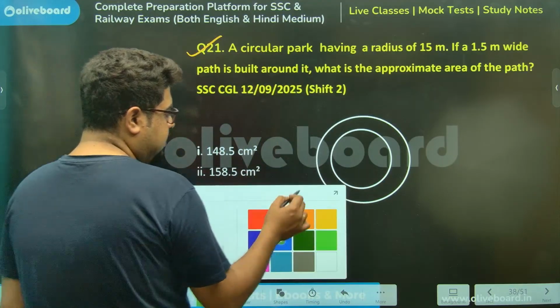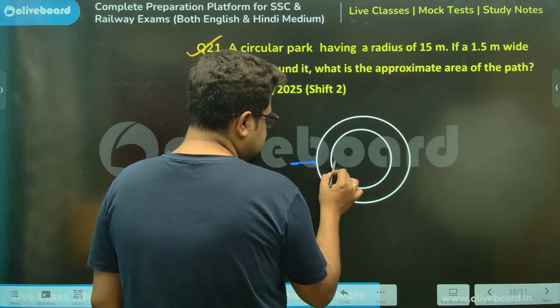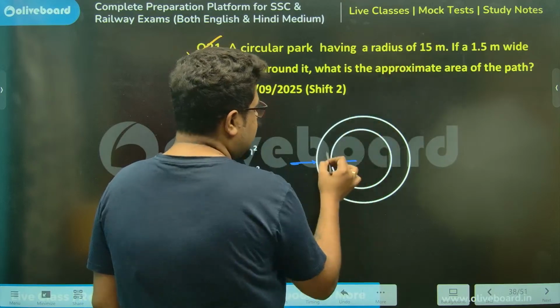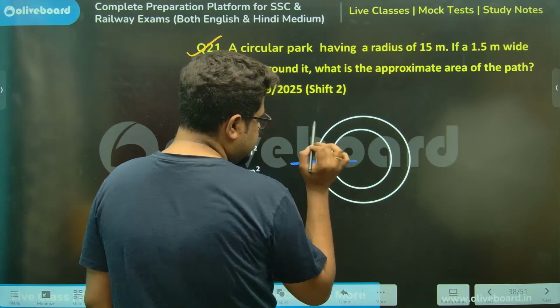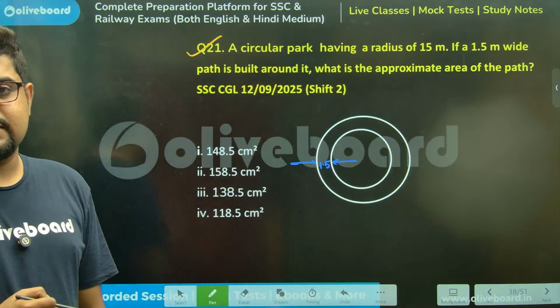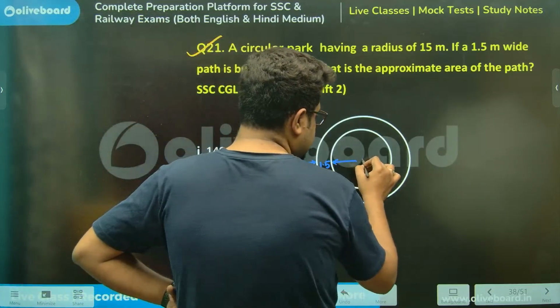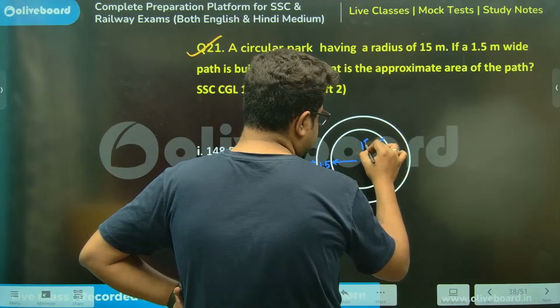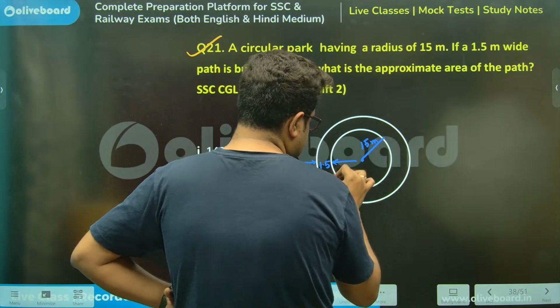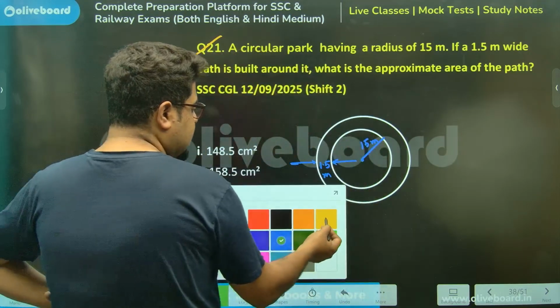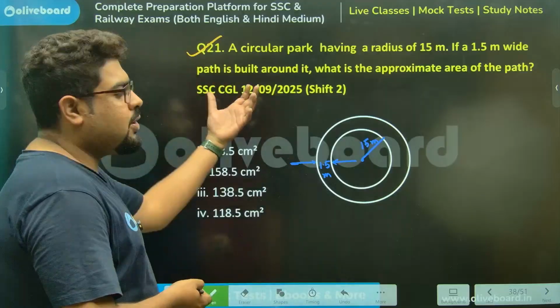They have just made a path around it like this. The width of this path is 1.5 meters, and the radius of this park is 15 meters. Correct? Now they are saying, find the approximate area.